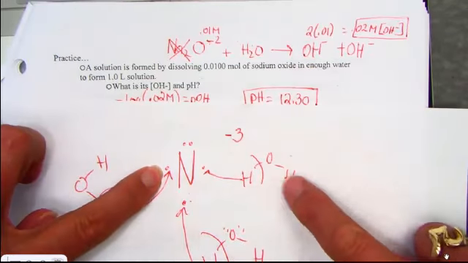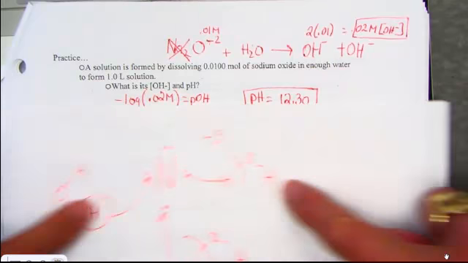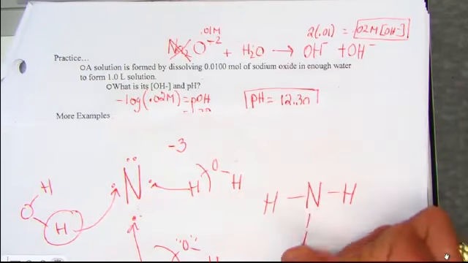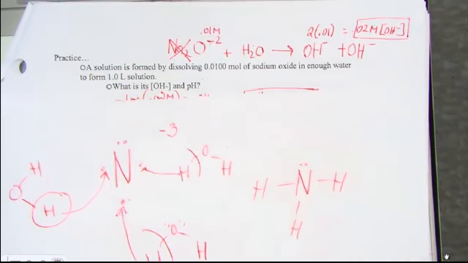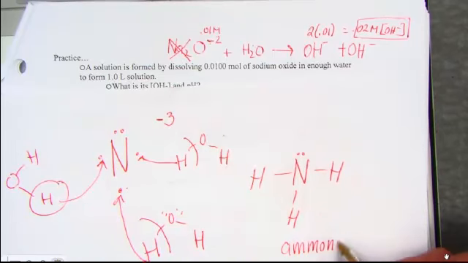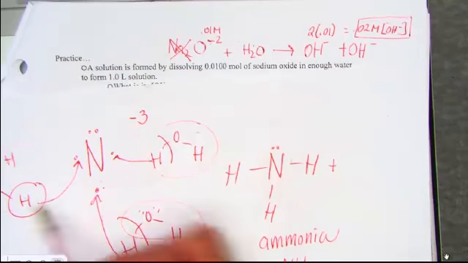What if we ended up making, if I take a nitrogen and add on 3 H's? This is a molecule we're familiar with. It's called ammonia, yeah, NH3. But how many base ions did we produce along the way? Well, here was one, and here is one.